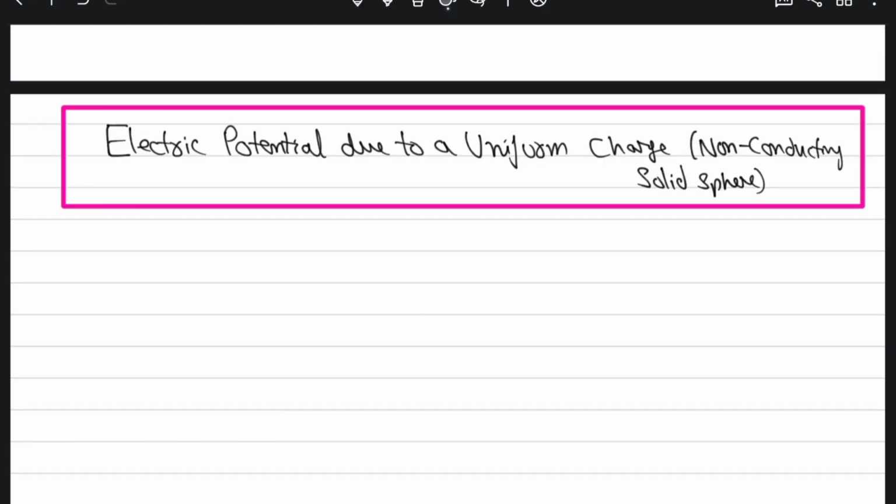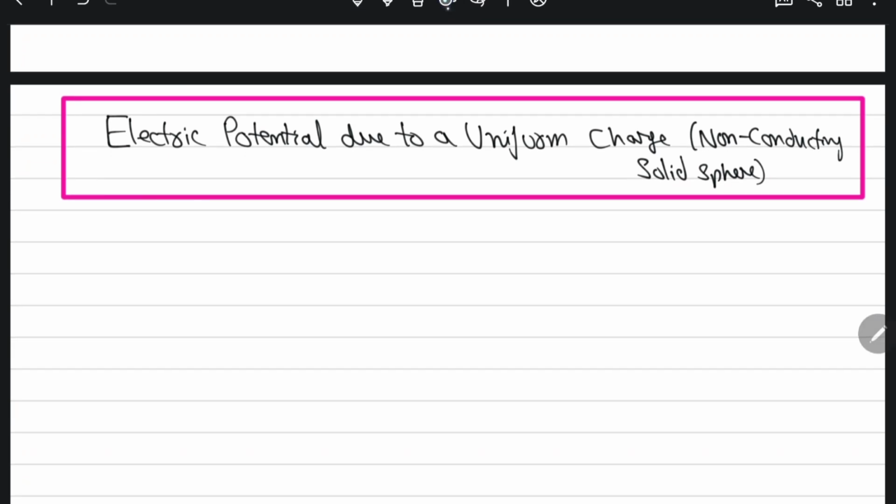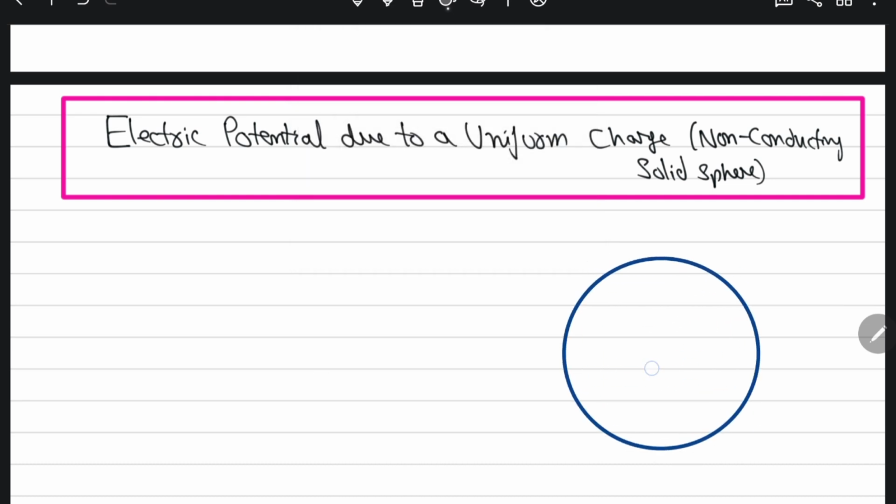Now we can also find electric potential due to a uniformly charged non-conducting sphere, right? I draw the circle.